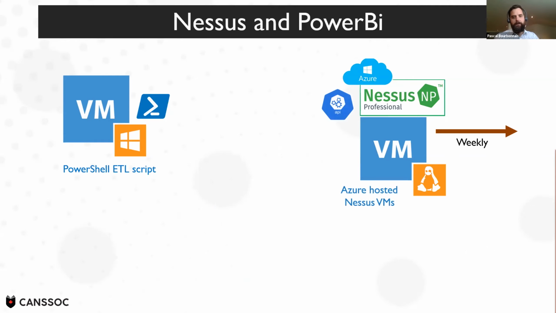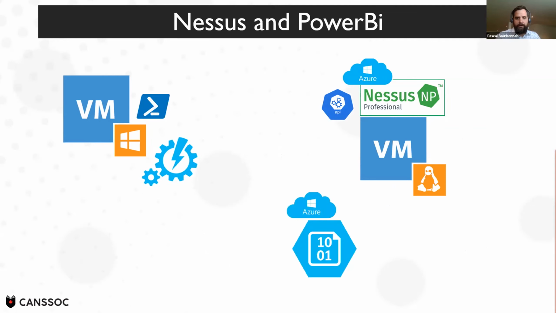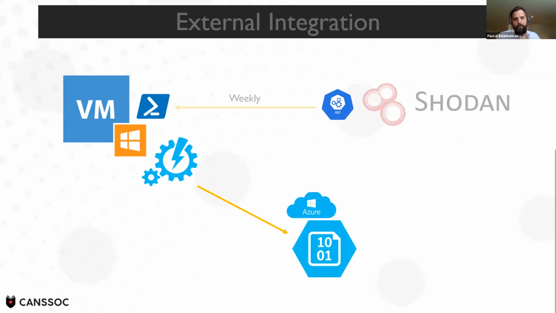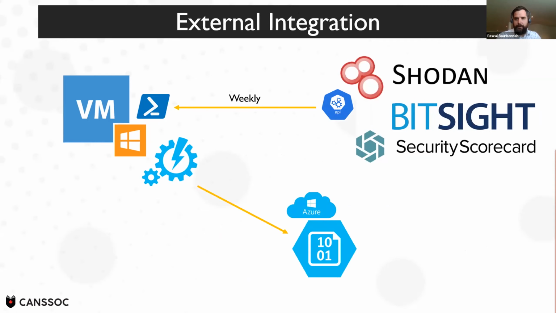So every week, the scan job for Nessus is done. It's retrieved by the ETL server, transformed a little bit so Power BI is able to read it. It's loaded to an Azure blob, and basically we do the same with Shodan, and again the same process with other services that are available.